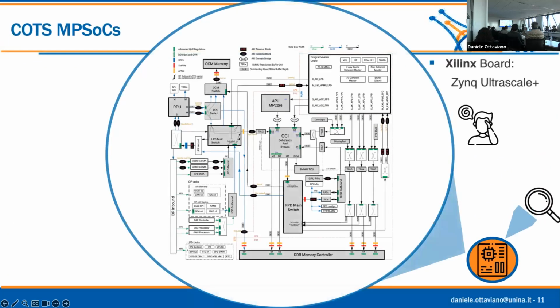Well, I brought you here an example of a specific board. In this case, it's a Zynq UltraScale+ from Xilinx. And if you look at it, it is quite complex, okay? It has a lot of stuff inside, but we can analyze it more deeply. Usually, the first thing we look at is the processing cores, right? The CPUs.